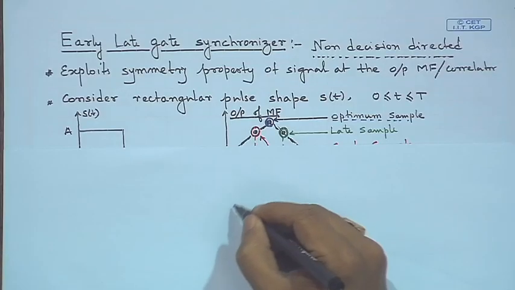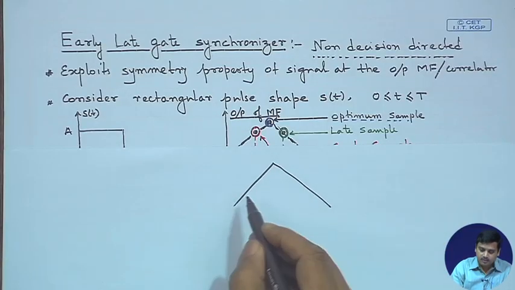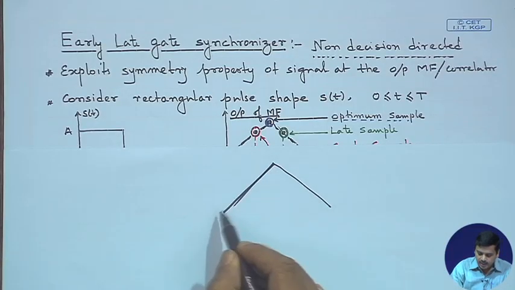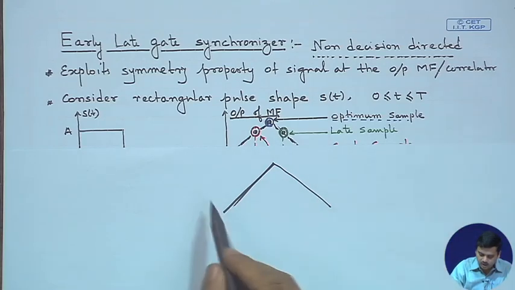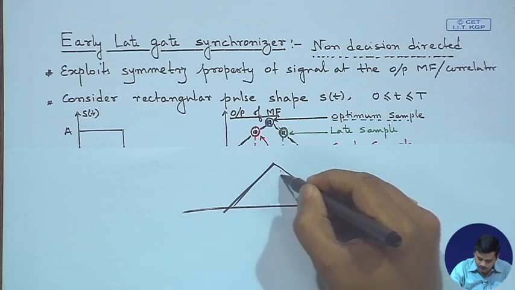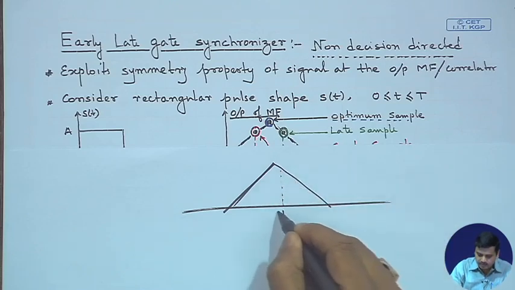If these two values are exactly the same, that means we can hope that the middle point is where the matched filter gives a peak output. Suppose this is the ideal matched filter output, and the clock is producing a sampling time there.